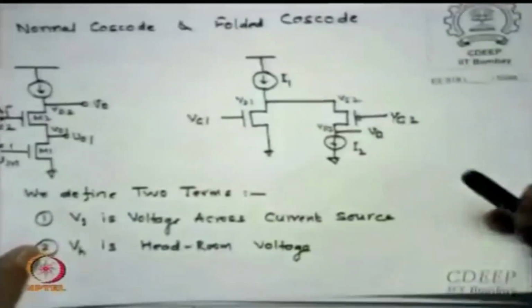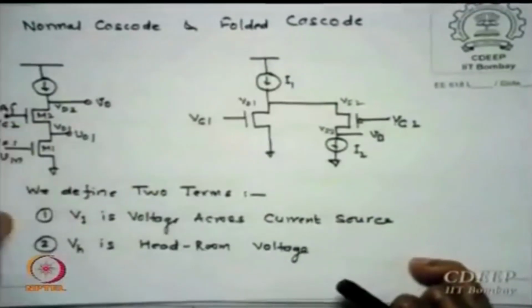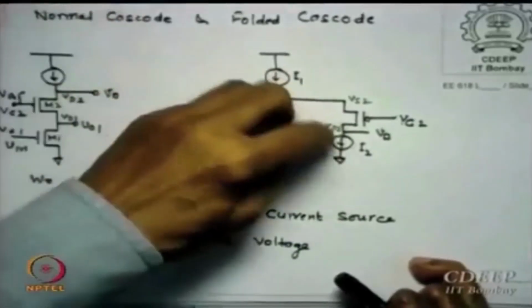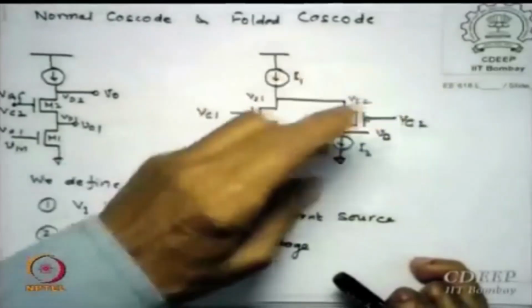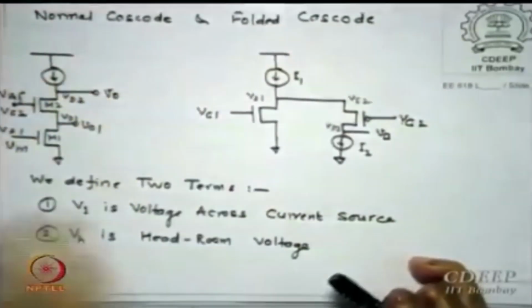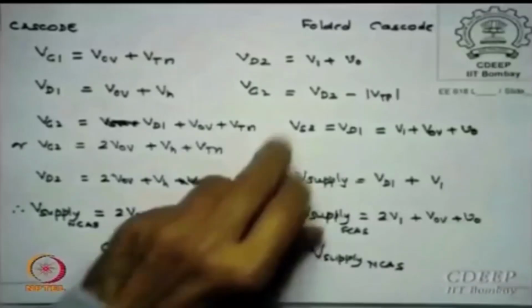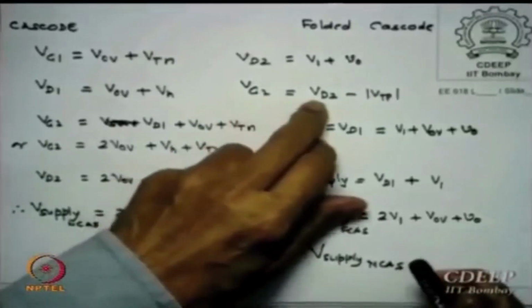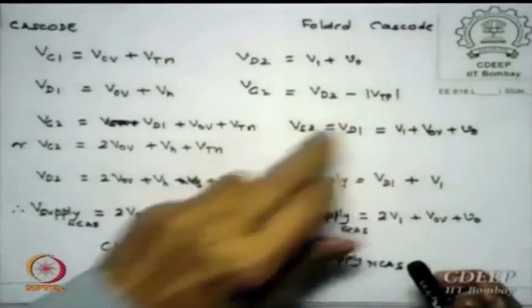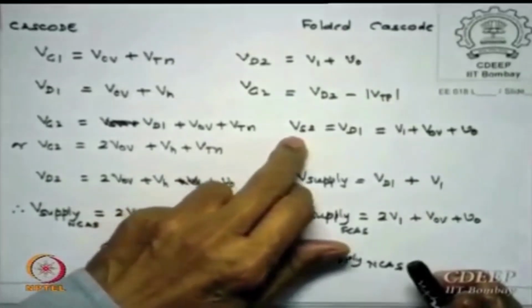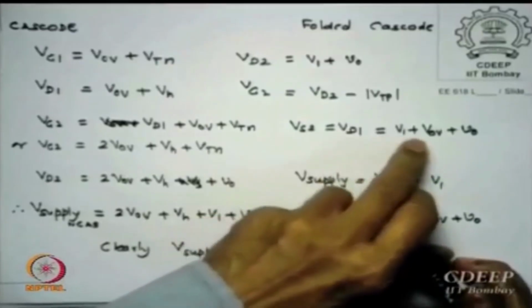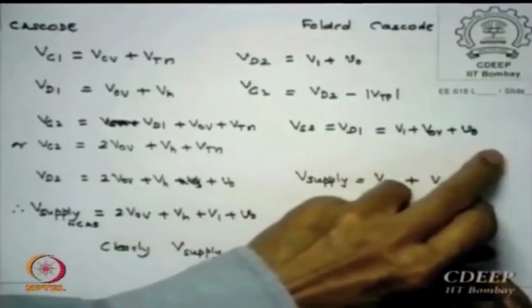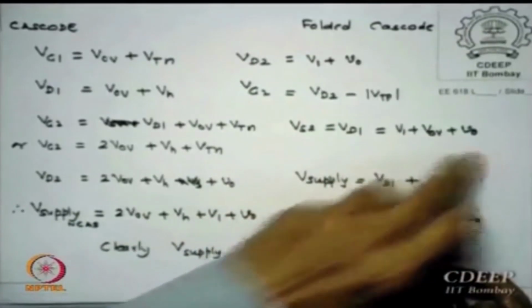What is VG2, the gate voltage? I know this value, I know VOV, so I can reach VG2. Is that correct? So VG2 is nothing but VS2 minus VTP. Okay. Please remember VS2 is the same as VD1, which is V1 plus VOV plus V0.